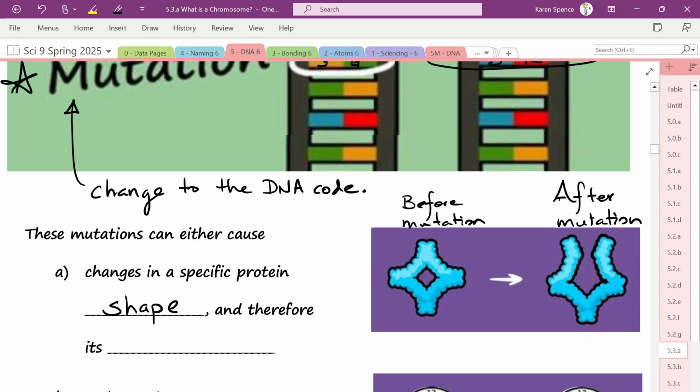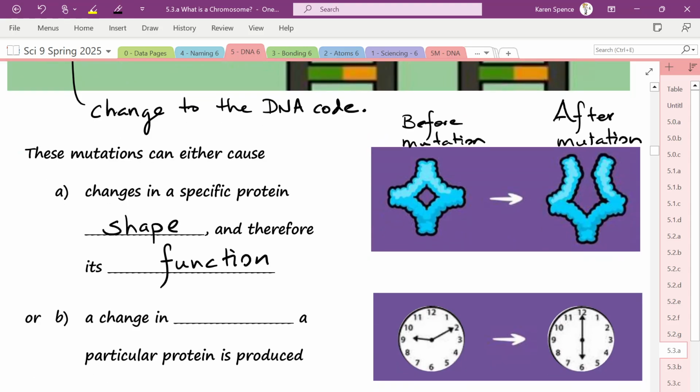We change its function. Well, we might also change its size, but definitely its function. Another thing that could change, we could have a change in when a particular protein is produced. So instead of making it at one time, we're making it at a different time.